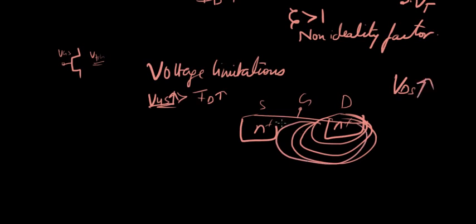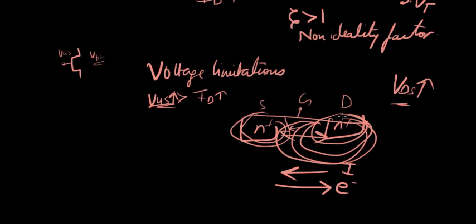And at one point in time, it increases until it touches the depletion layer of the source region. There's a direct connection just by increasing VDS between the drain and the source, which will make a large current flow, which means there'll be a lot of electrons flowing from the source to the drain.